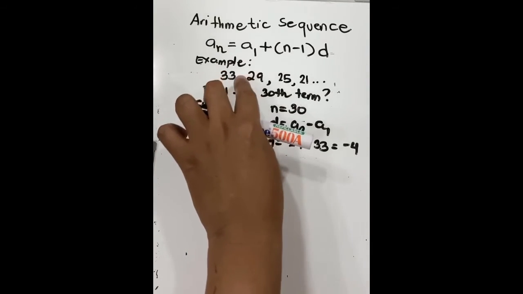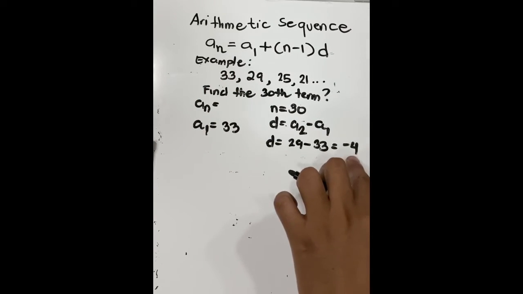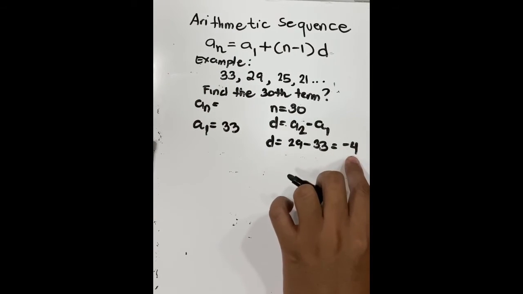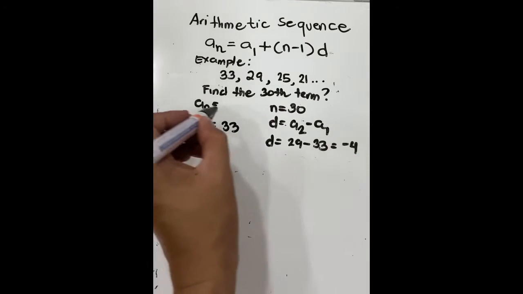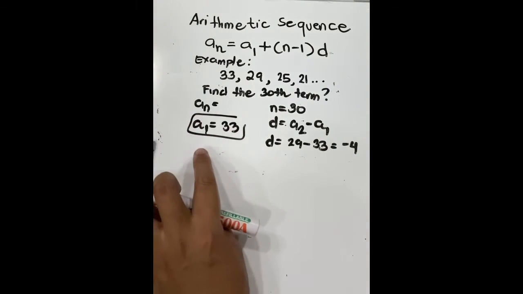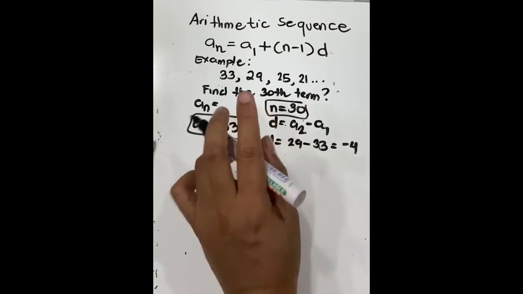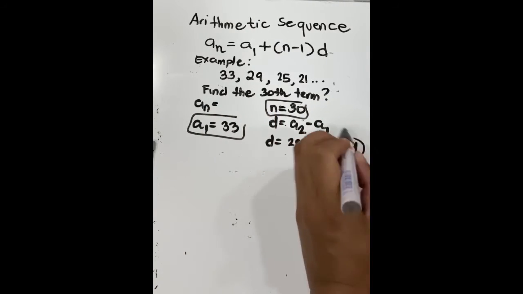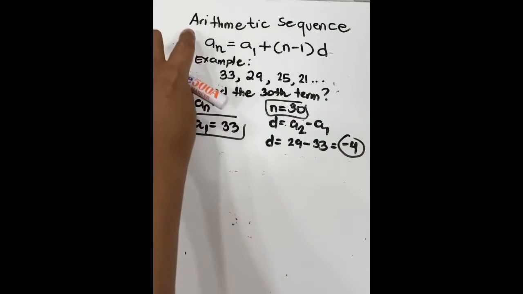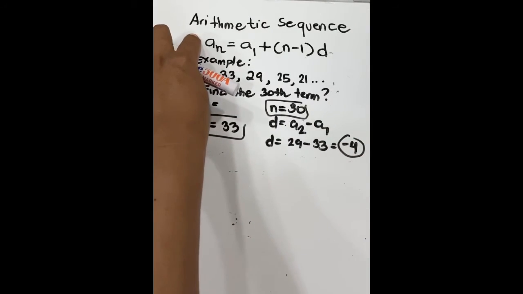So, yung ibig sabihin lamang nun na we have a negative common difference. Since kompleto na yung mga needed information, our first term is 33, our number of terms is 30, and our common difference is negative 4, ready na tayong gamitin yung ating formula.